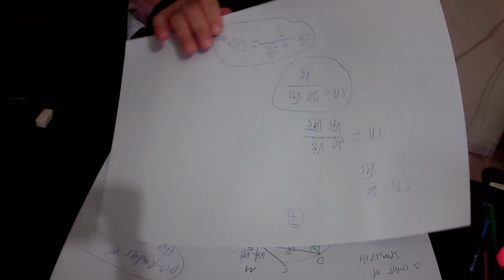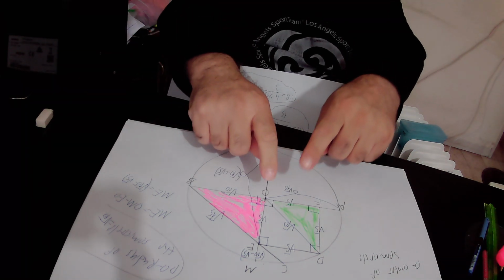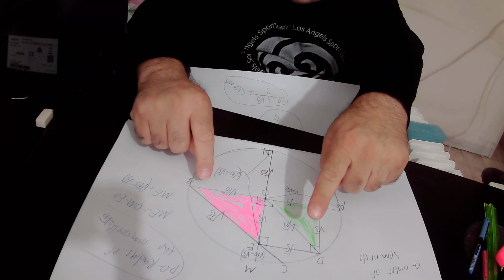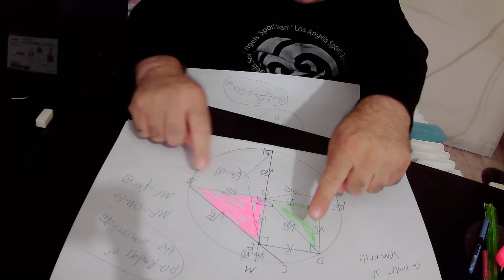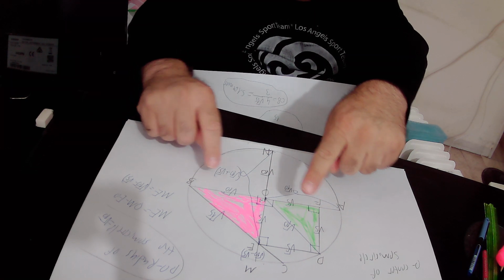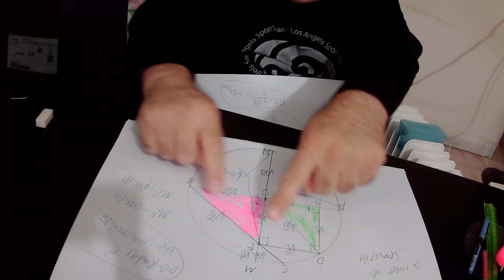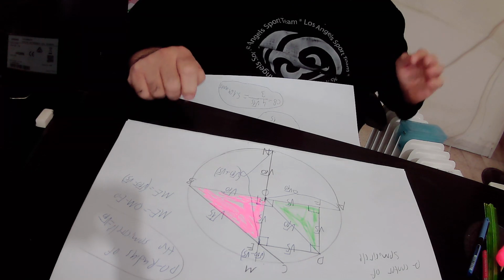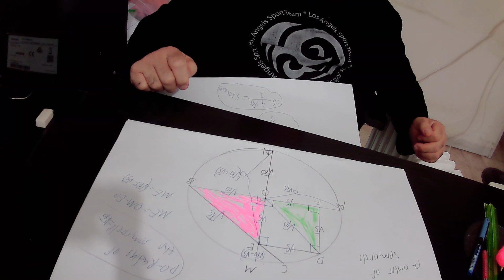I repeat that the length of the chord we are looking for, chord CB, equals 4 times the square root of 15 over 3 units, or in terms of numbers, 5.164 units. Okay, thank you very much.